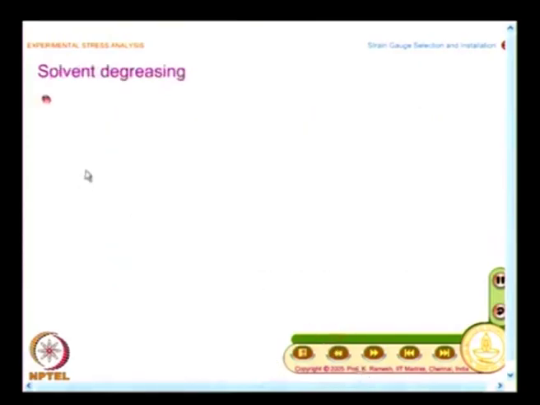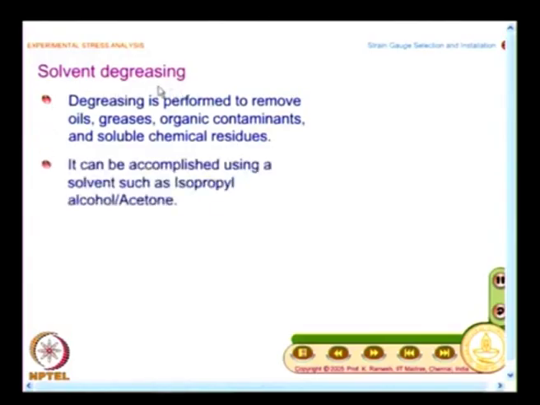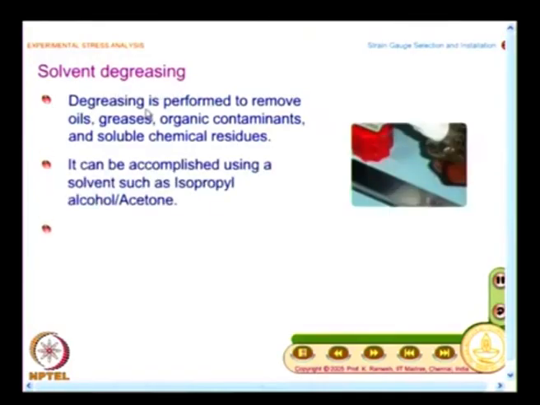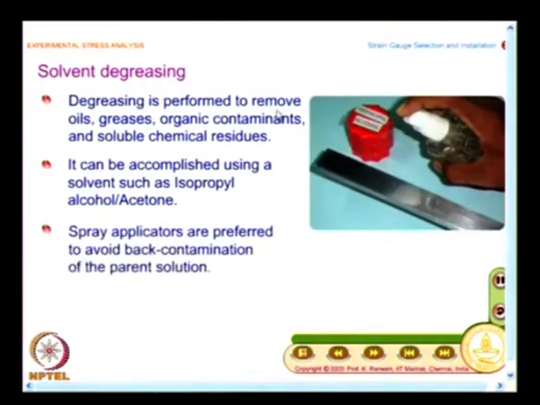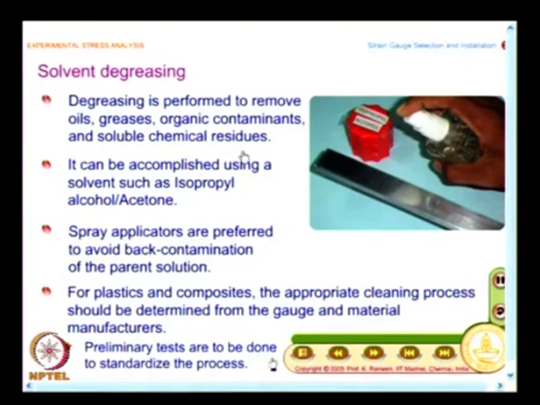And what is the first step? The first step is solvent degreasing. Why do I do this? Degreasing is performed to remove oils, greases, organic contaminants and soluble chemical residues. And here again you have a very subtle point mentioned. I am going to clean the surface.